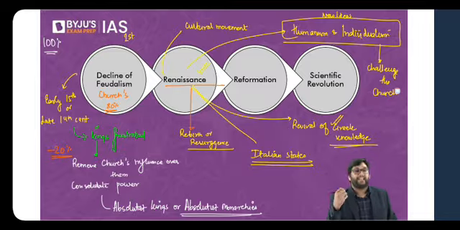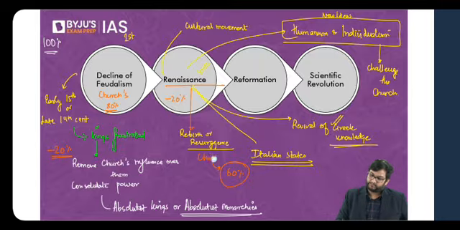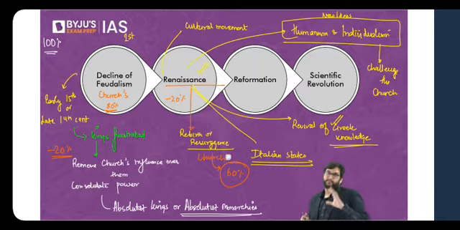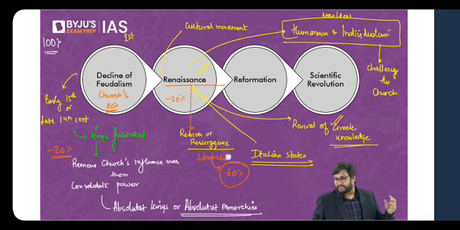If I again had to quantify, let's take it as minus 20%. The power of the church is now at 60%. So it lost 20% because of the decline of feudalism, and it has again lost 20% because of the Renaissance.